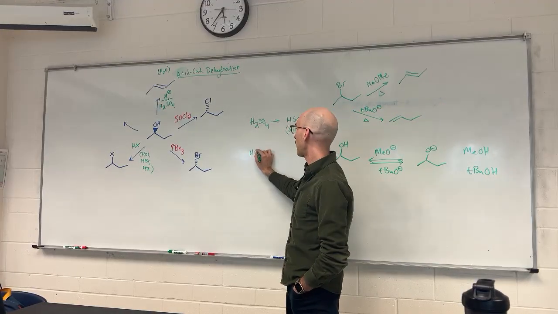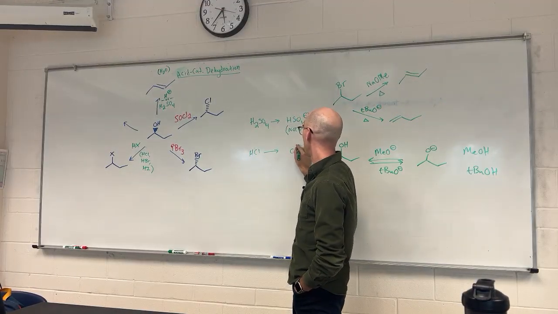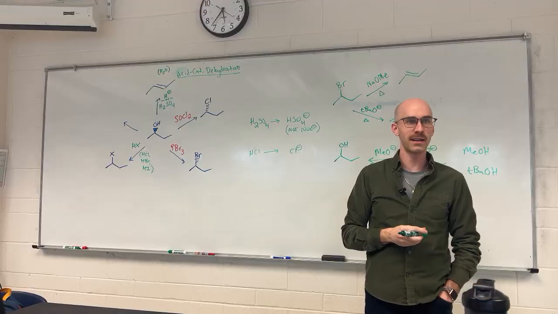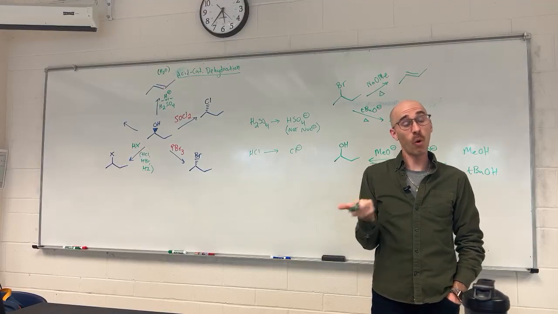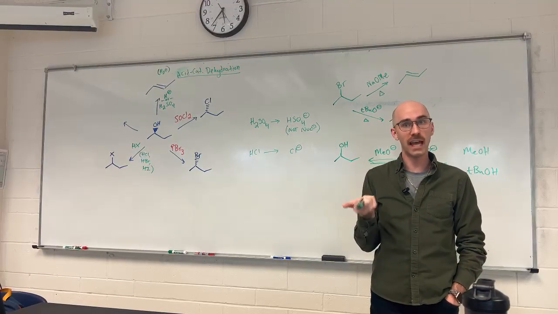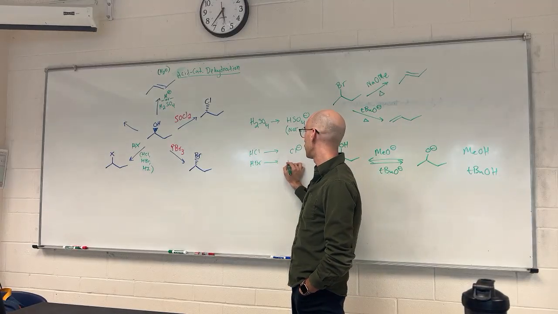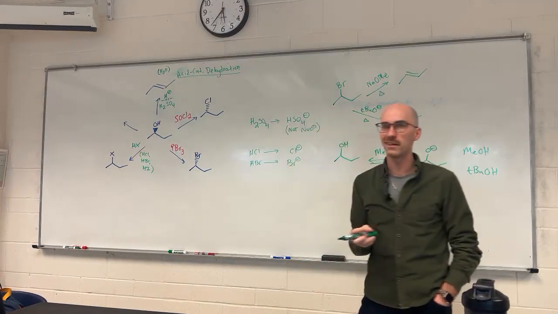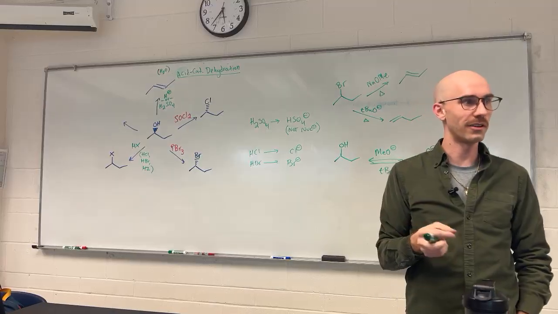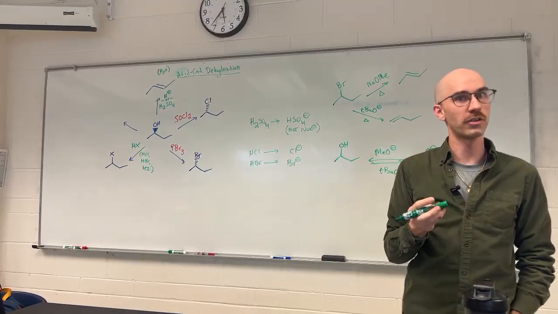But when hydrochloric acid is present, its conjugate base is chloride, which is a poor nucleophile, but does act as a nucleophile. Or similarly, hydrobromic acid's conjugate base is bromide, which is a strong nucleophile.